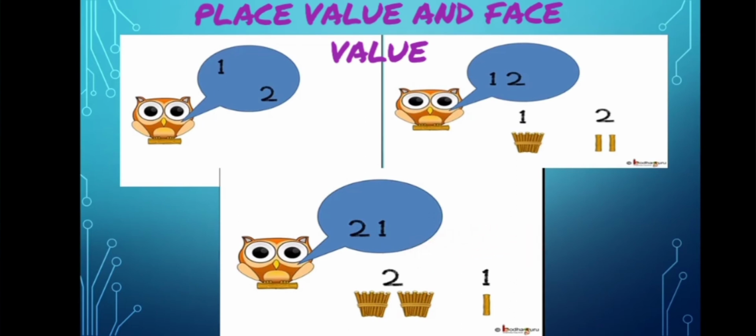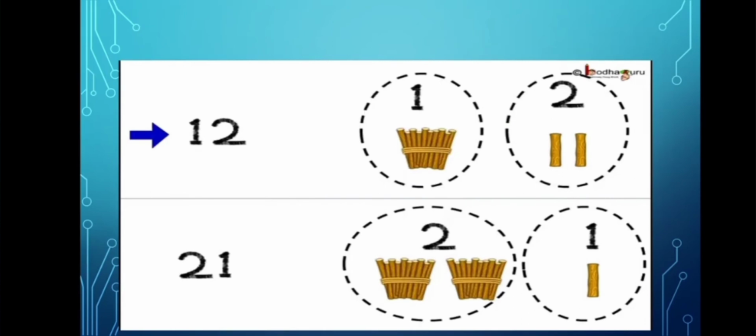Okay, 12 and 21 both have the digits 1 and 2. Then why are they different? Look, in 12, 2 represents 2 sticks and 1 represents 1 bundle of 10 sticks, and in 21, 1 represents 1 stick and 2 represents 2 bundles of 10 sticks. See here carefully.